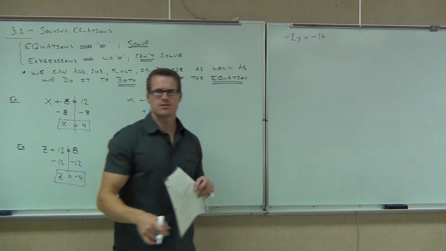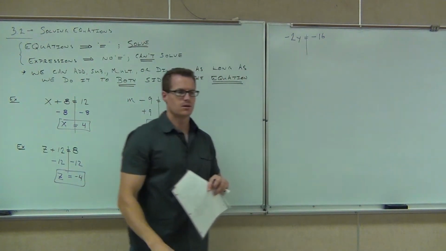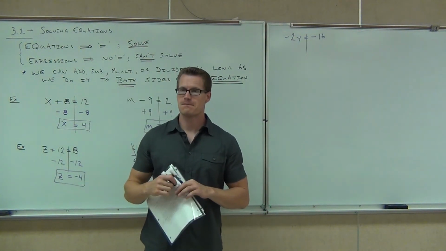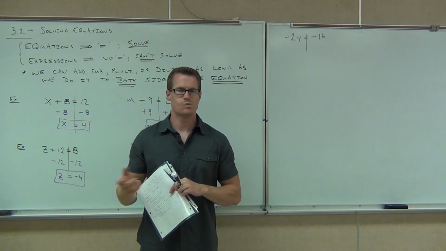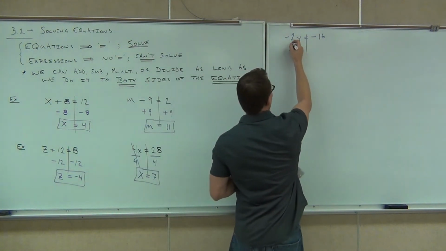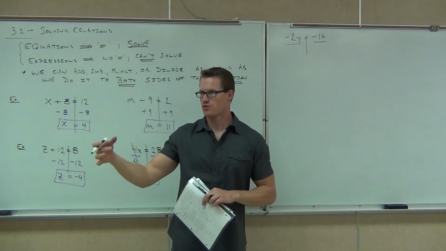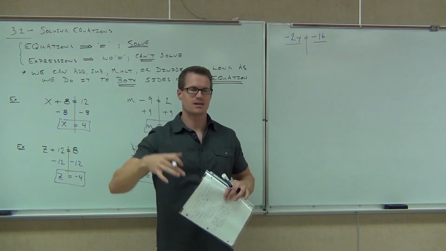Negative 2y equals negative 16. Am I supposed to add or subtract or multiply or divide here? Okay, we're dividing again. What are we dividing by? Plus 2. 2. Negative 2. Which one? Plus 2. Oh, yeah. When we're dividing, you have to divide by the exact number that's in front of your variable. The reason is this. I want you watching the board right now if you're kind of iffy on this.